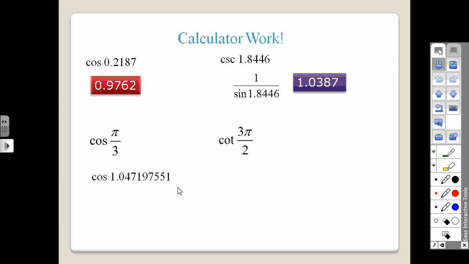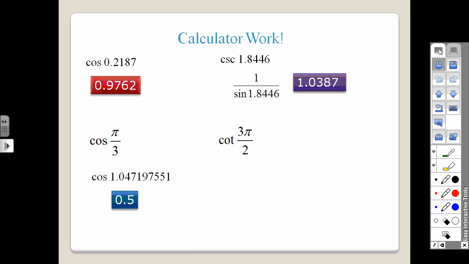Just keep that in your calculator and then hit the cosine, and you should get 0.5. That came out really nice. Think about what this radian measurement is in degrees. If we plugged in 180 for pi, 180 divided by 3 is 60. The cosine of 60 degrees, if you recall from that big table that we did, came out to be 1/2.